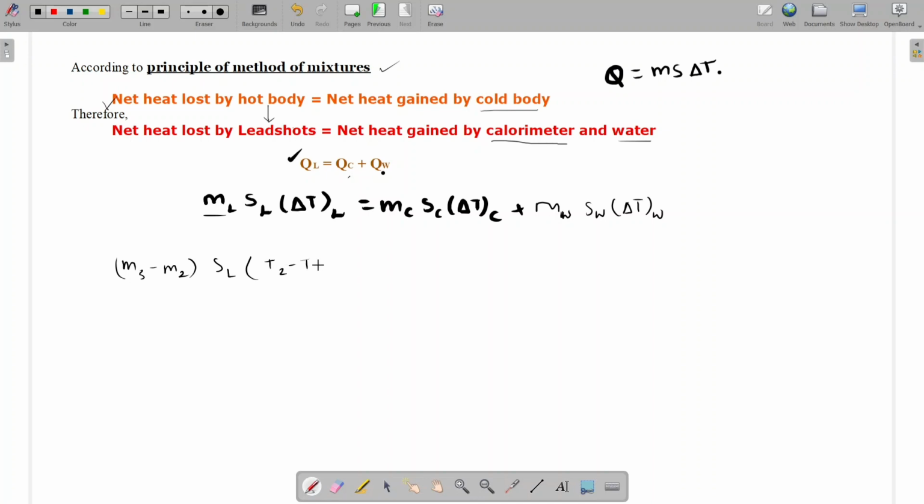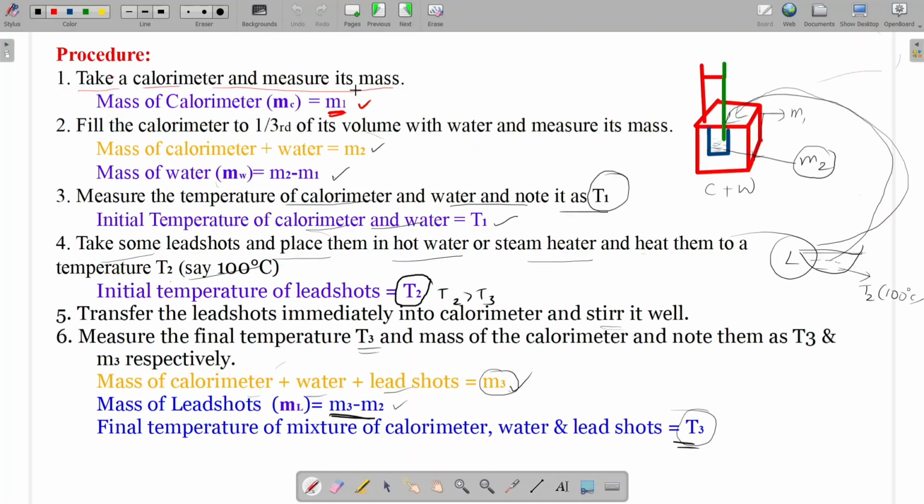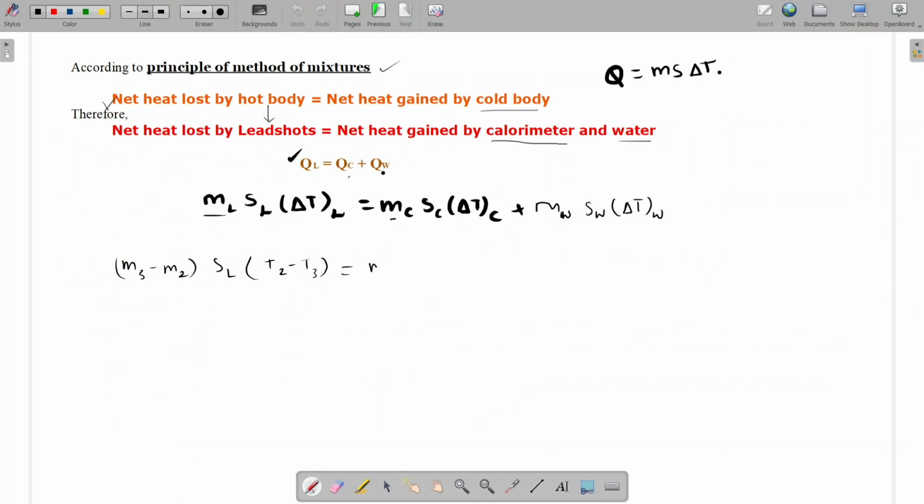T2 minus T3 is equal to the mass of calorimeter. So what is the mass of calorimeter? The mass of calorimeter is m1. You can see the mass of calorimeter is m1, and the specific heat of calorimeter is SC, and the change in temperature of calorimeter.